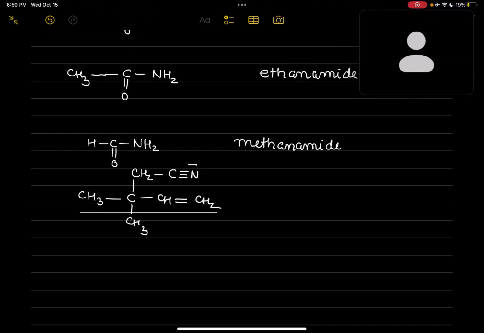Or the one coming from up and going toward the right-hand side? Yes, this one, because it has the principal functional group and the maximum number of double bonds or multiple bonds.